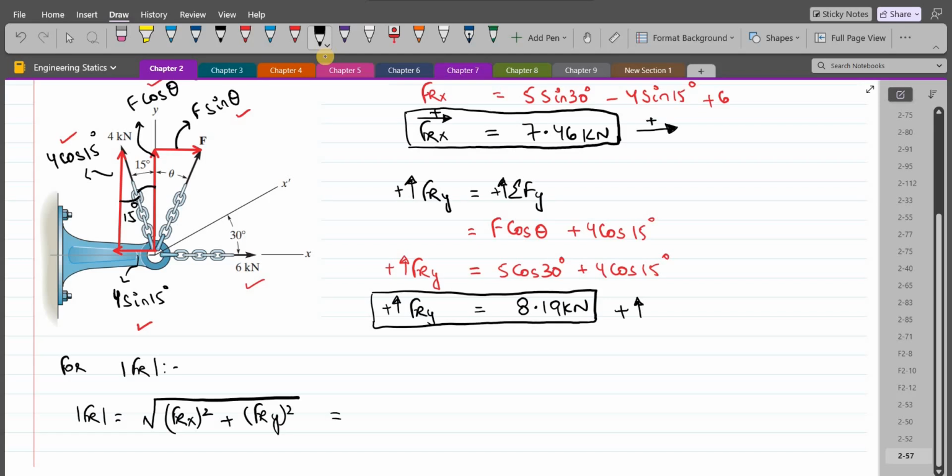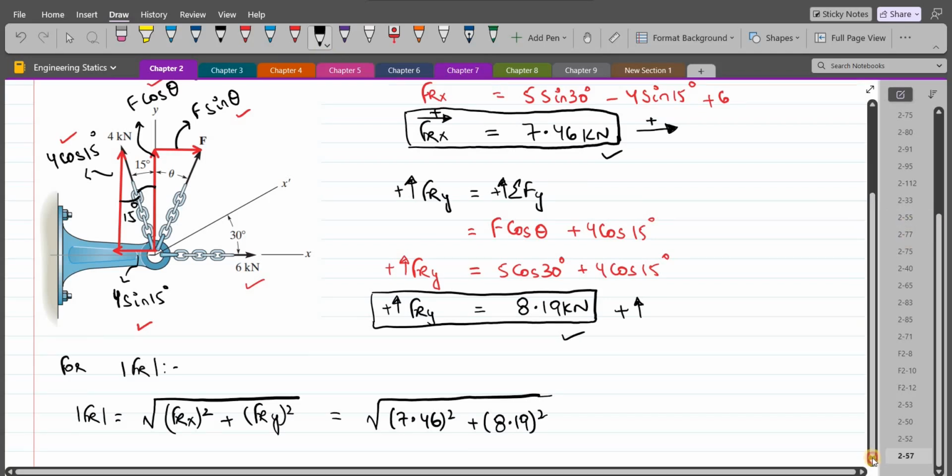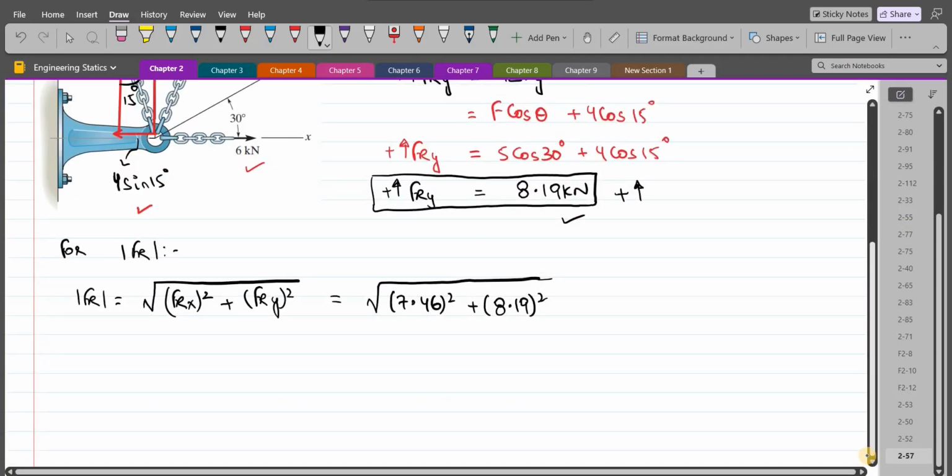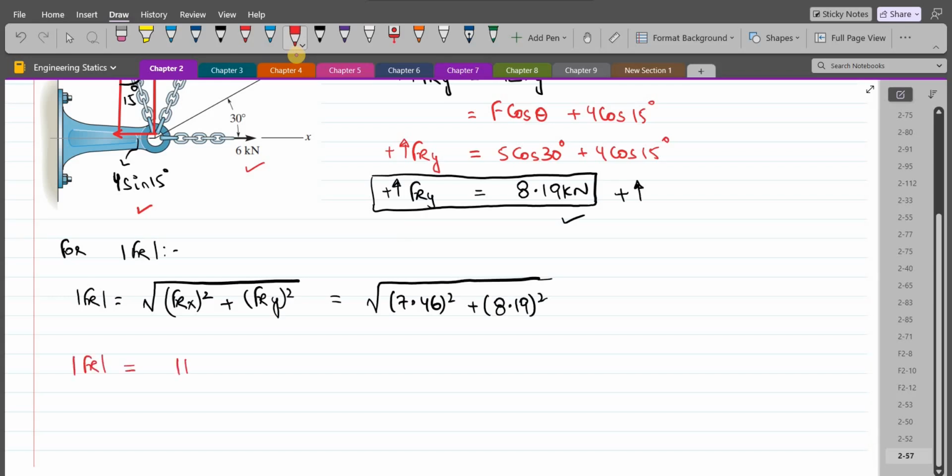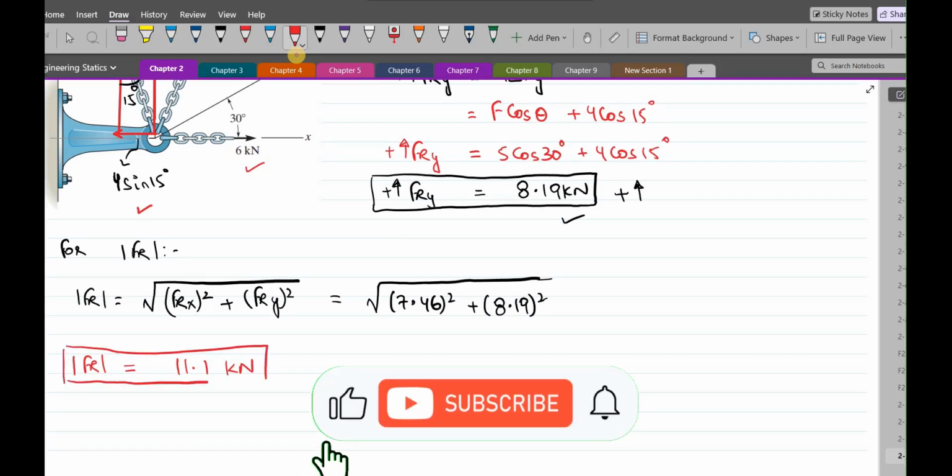So we have square root of 7.46 squared plus 8.19 squared. So the magnitude of the resultant force comes out to be 11.1 kilonewtons. So this is our first answer.